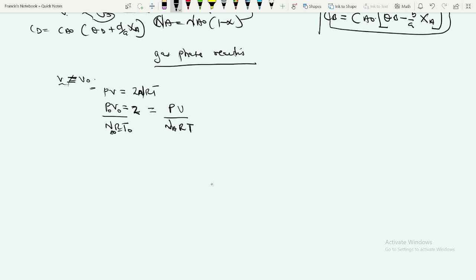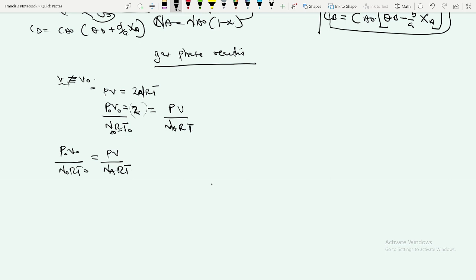Because Z is constant, the initial condition and final condition will always be the same. So P naught V naught is equal to N naught R T naught, and this is equal to P V N R T. And we want to find the relation between V naught and V, and that's what we want to do here.